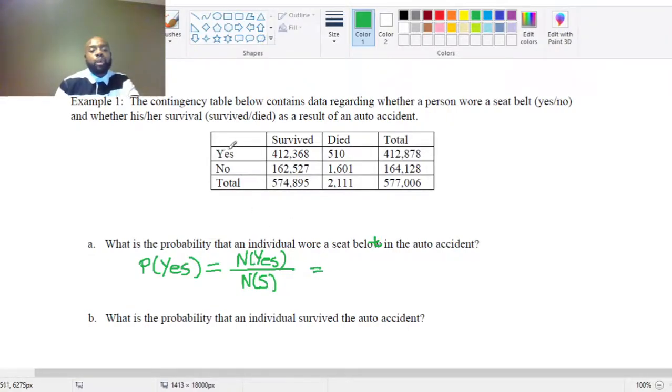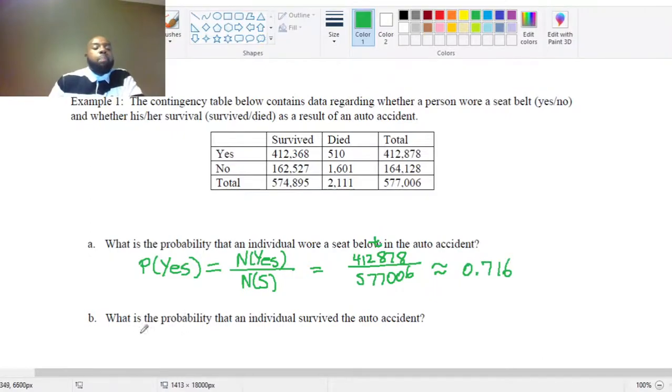The total number of yeses is this number plus this number, which gives this total here of 412,878. The number of elements in my sample space is the grand total, which is 577,006. If you put that in our calculator, that is approximately, rounded to 3 decimal places, 0.716.